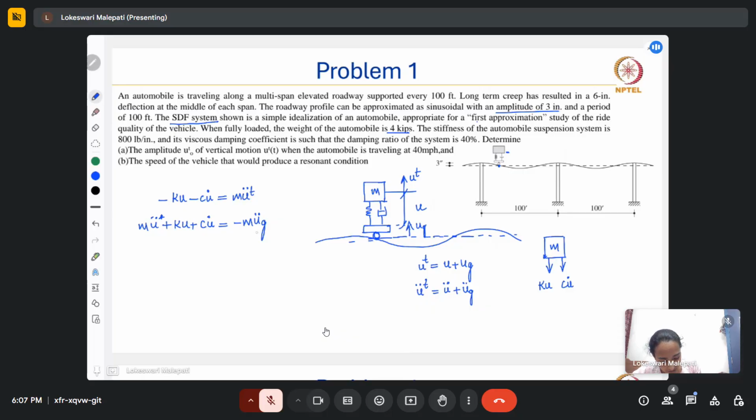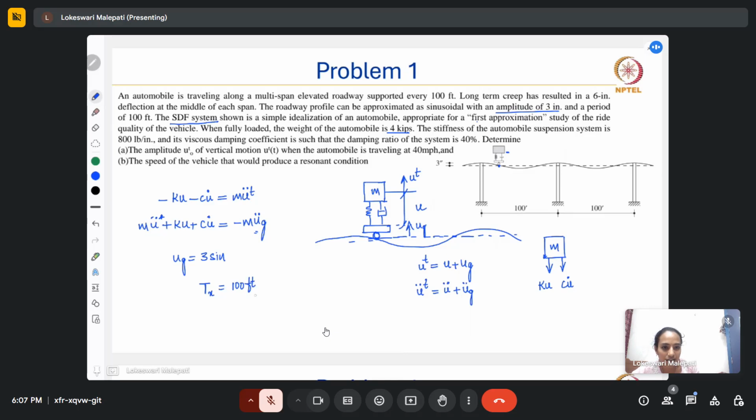Now let us write down the equation for ug, so that we can write down using this road profile which can be approximated as a sinusoid. So now ug is equal to 3 times sine. They have given that the period is 100 feet. So that means Tx is 100 feet.